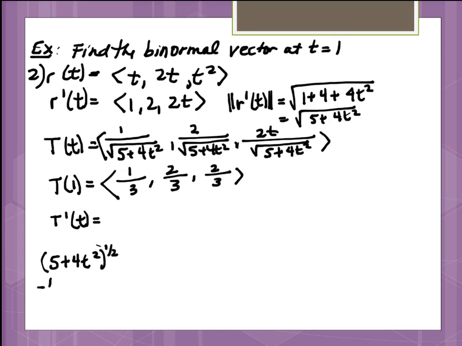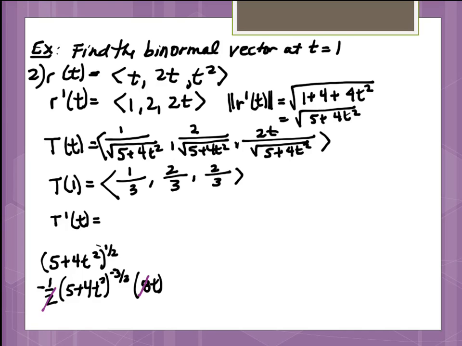So if I bring my -1/2 down, I write 5 plus 4t squared to the new power, which would be -3/2. And then I have the derivative of the inside, which would be 8t, which would simplify with this 2 to give me a 4t, and negative, of course, as well on top.